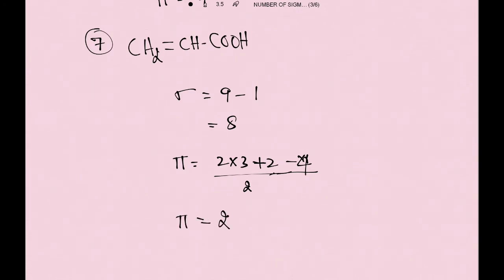This you can observe by drawing the structure also. This is the structure of this one. Carbon with 2 single bonds here, here double bond, here carbon with hydrogen and carbon connected with the oxygen, OH. And if you count, the number of sigma bonds are 8 and number of pi bonds are 2.